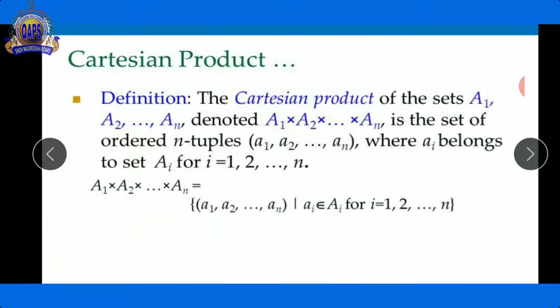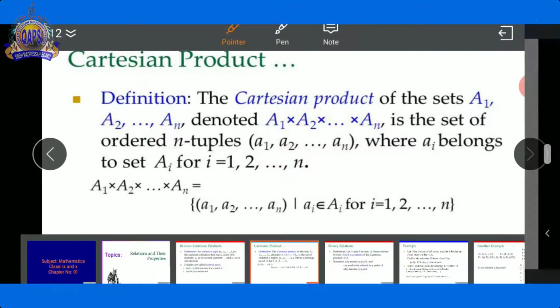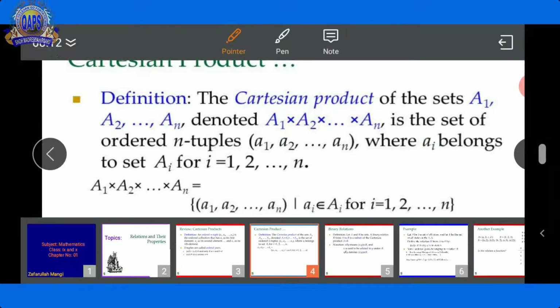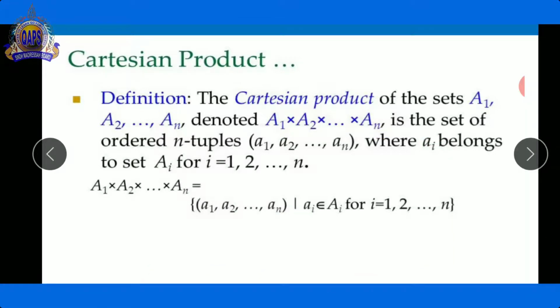So that's why this ordered pair represents n-tuples from 1 to n, where Ai represents one element to the nth element, because 1, 2, 3, you can say that this i represents n numbers from 1 to n.